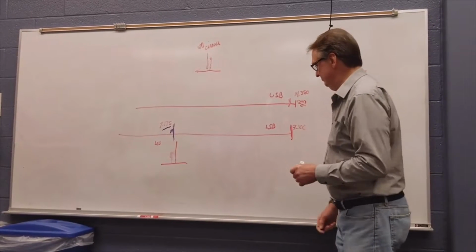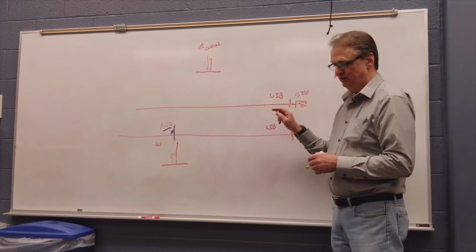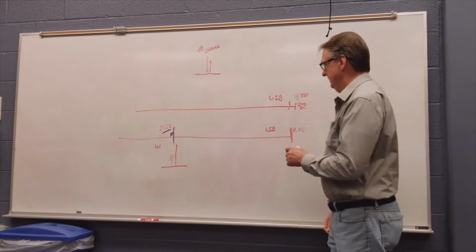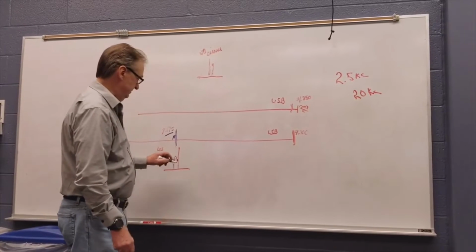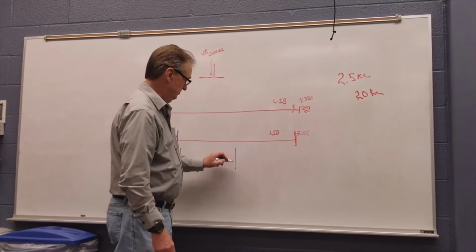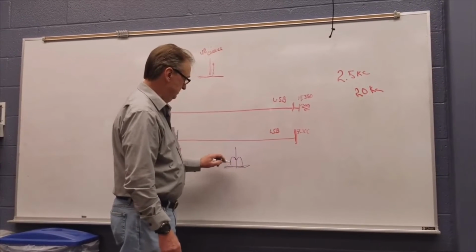But FM is a bit wider, and you won't see it so much on 40 and 20, but you will see AM. And instead of being on only one side of the carrier, you're of course on two sides of the carrier with your intelligibility.